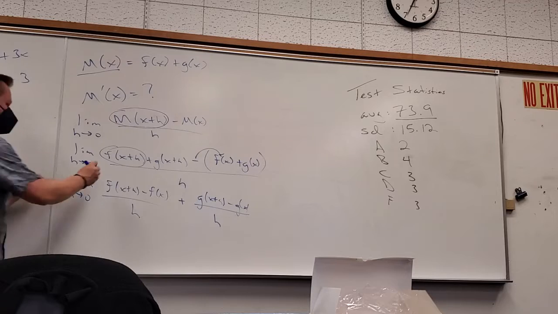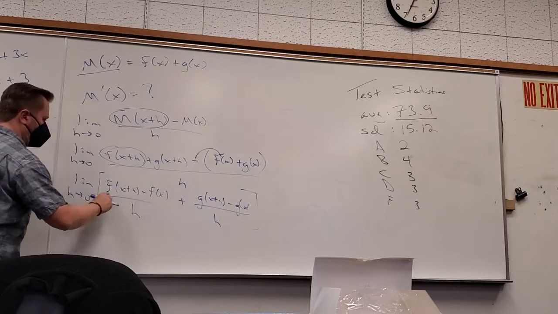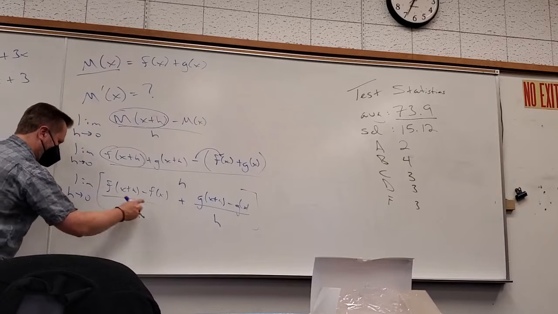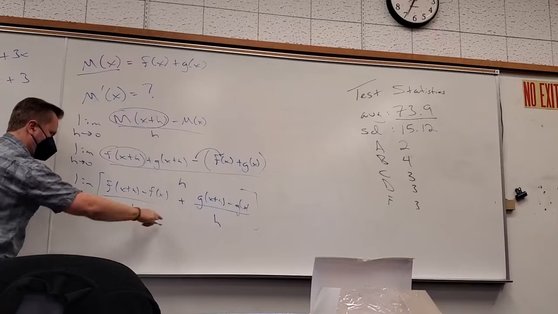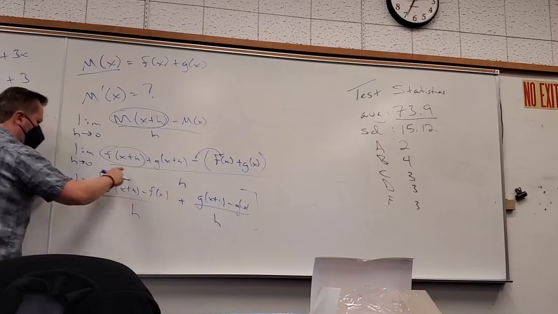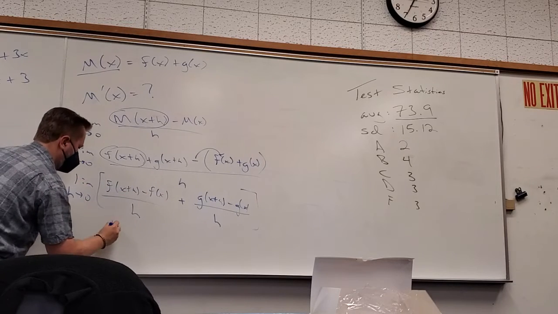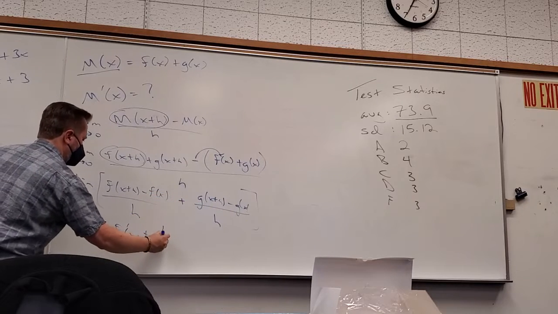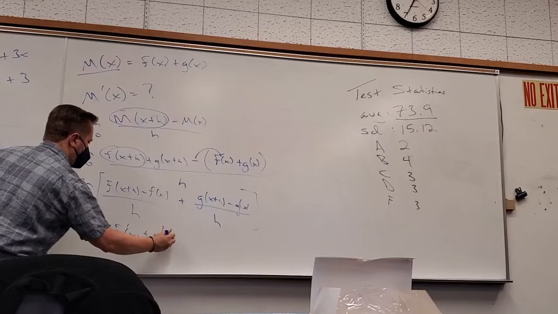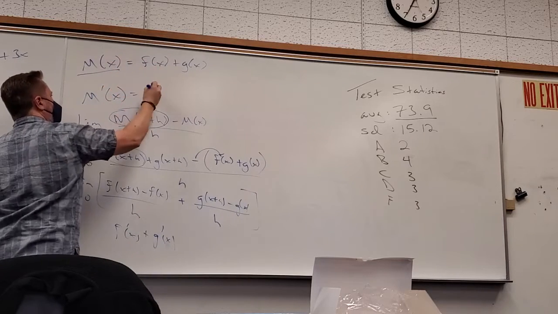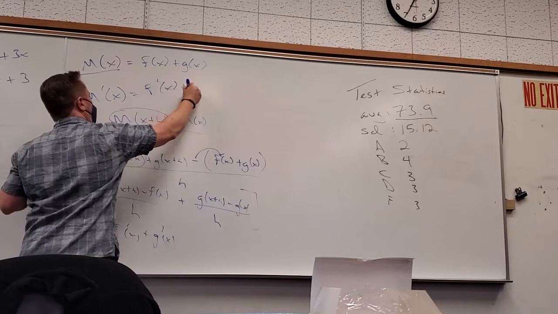And then, all right, let me do this. This limit here is given what symbol? What is that the definition of? F prime. And of course, that's the definition of g prime. So we just proved that if I have a sum of functions, it's the sum of the derivatives.